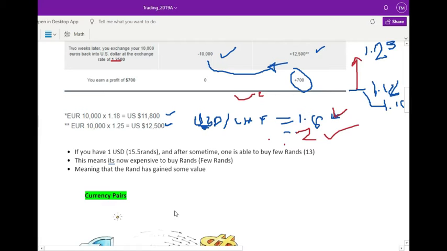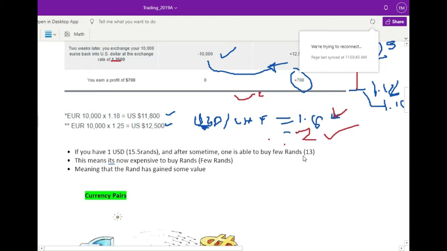So if you have, let's say, 1 USD in South Africa, it's able to buy maybe 15.5 rands. And after some time, now the rand is at 13, which means the rand is gaining.